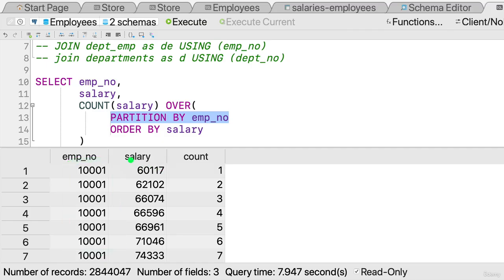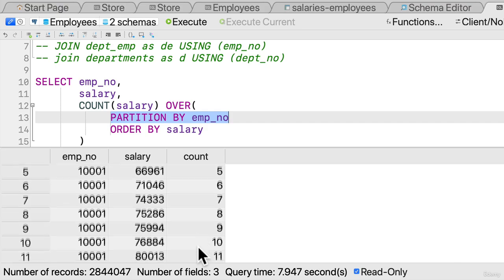But our order is the salary. And because they are unique values, now suddenly it's going to look at itself and what came before it, and it's going to add. And because all of these values are unique, because you didn't move forward with the same salary, you're going to go to 1, 2, 3, 4, 5, 6, 7.